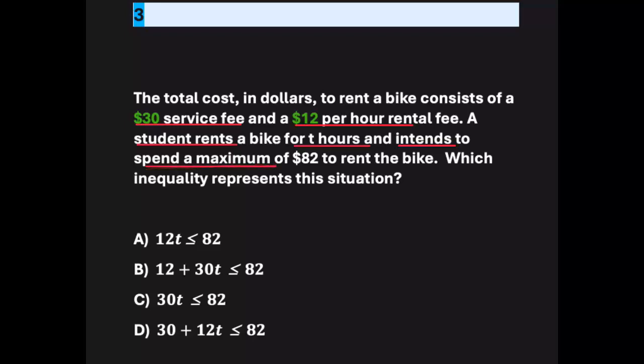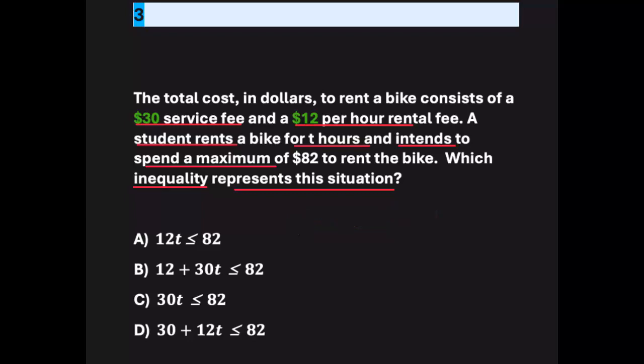Which inequality represents that situation? Okay, let us set up the equation. The rate of the bike is $12. If you keep that bike for 3 hours, you're going to multiply by 3 plus the $30 service fee. She's going to pay 36 plus 30. That's how much she's going to pay if she keeps the bike for 3 hours.